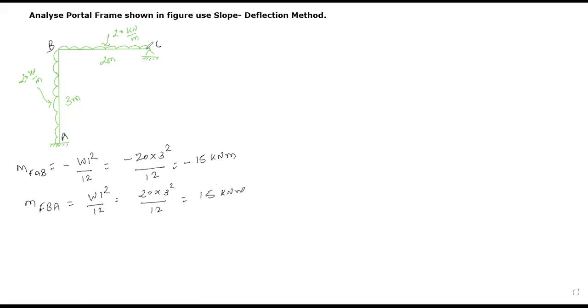Next, that is the BC span. So MFBC should be equal to minus WL square by 12. Again, your load is 20 and length is 2 meter. So minus 20 into 2 square by 12.